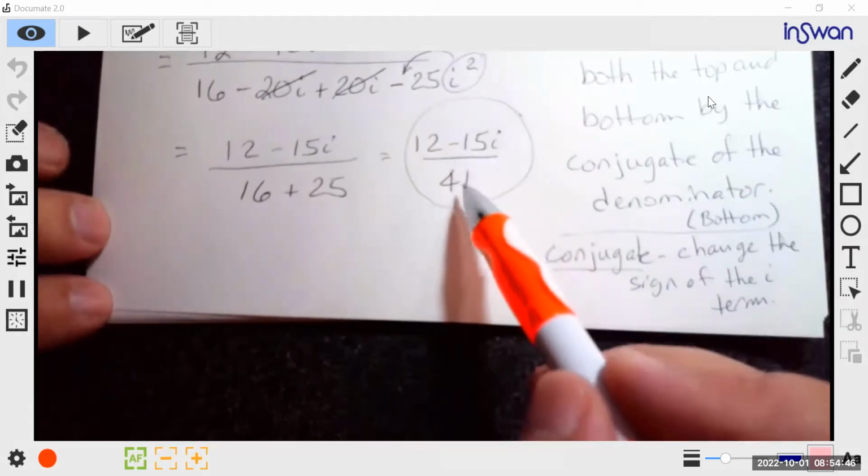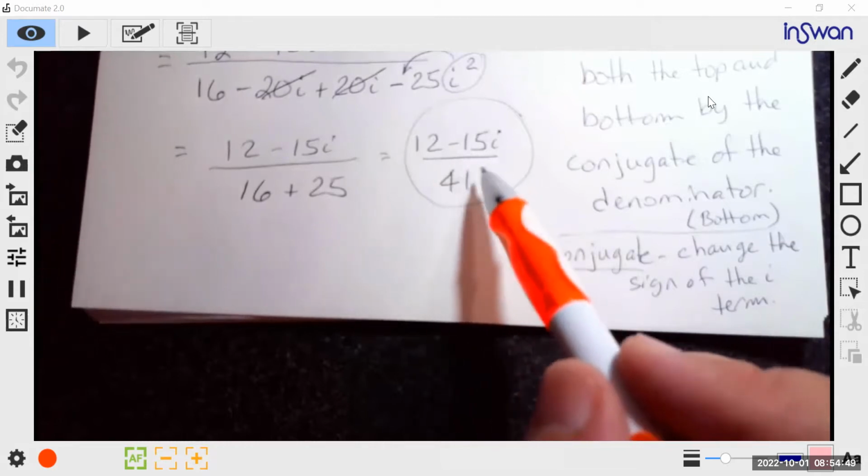And of course, since 41 is a prime number, we can't go any further.